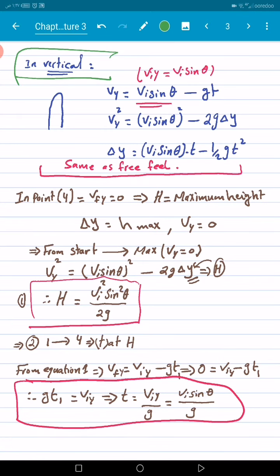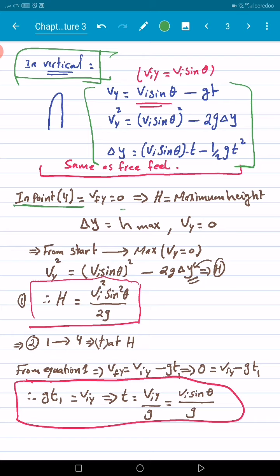So all the work is in the vertical, and we know why it's in the vertical, because the acceleration, the gravitation, works in the vertical, but in the horizontal there is no force. And we put it in the table and applied all these equations. So from these three equations in the vertical, I want point 4.